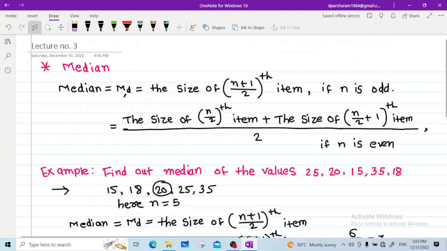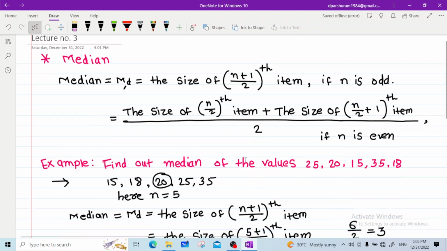MD is equal to the size of the n by 2th item plus the size of the n by 2 plus 1th item, divided by 2.